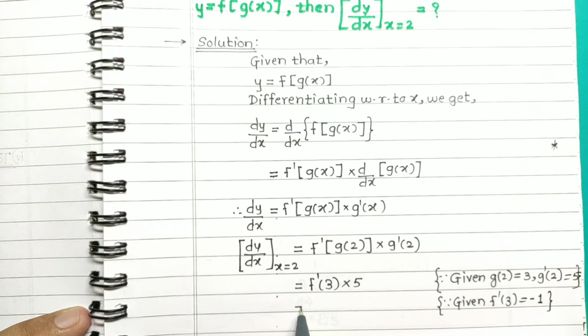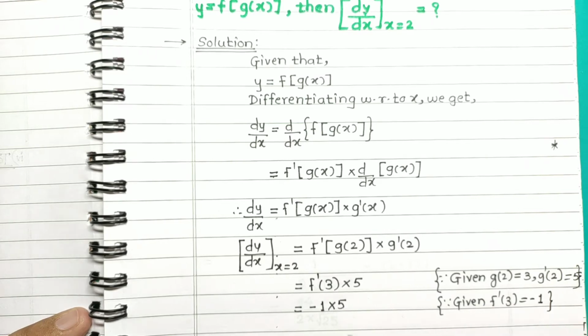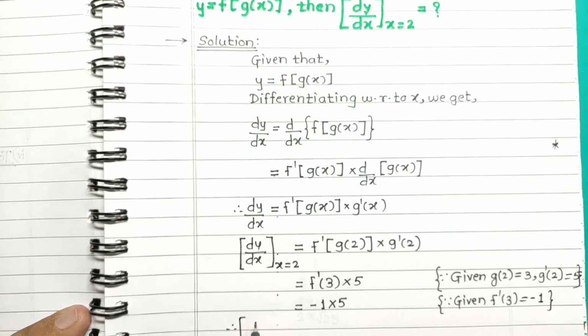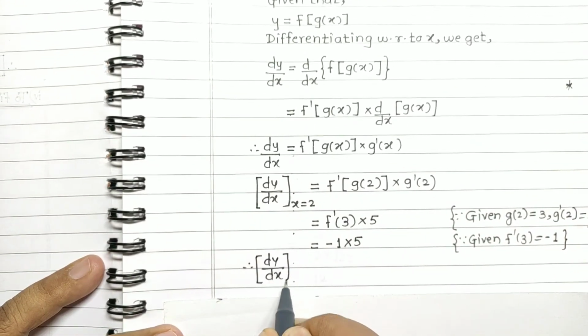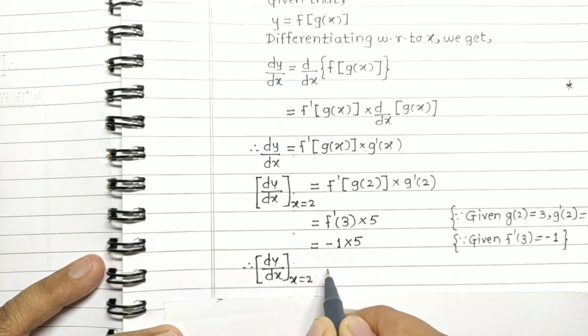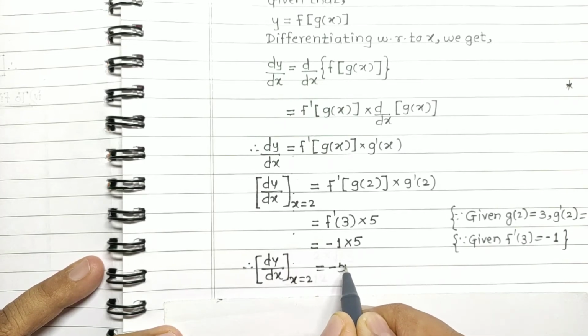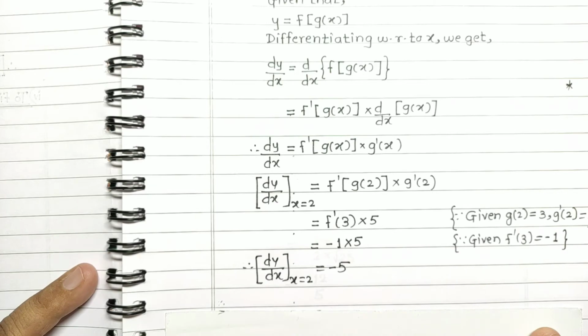So we have f dash of 3 as minus 1. So it is minus 1 into 5, and therefore we have this dy by dx at x is equal to 2 as minus 5 as required.